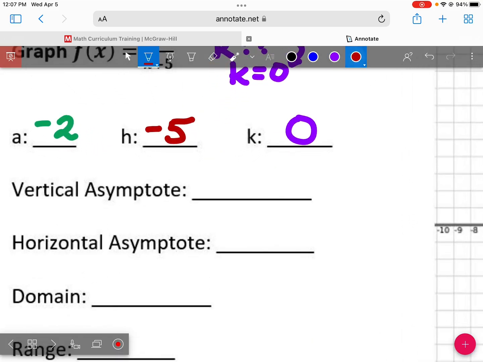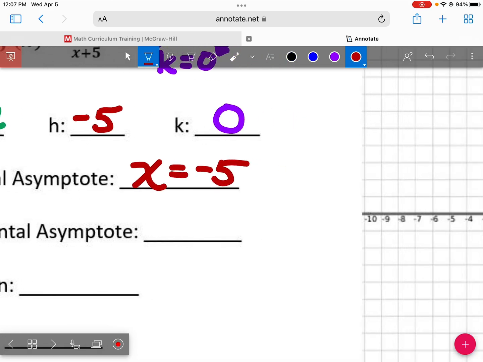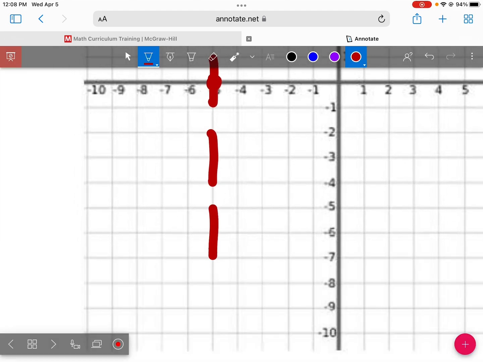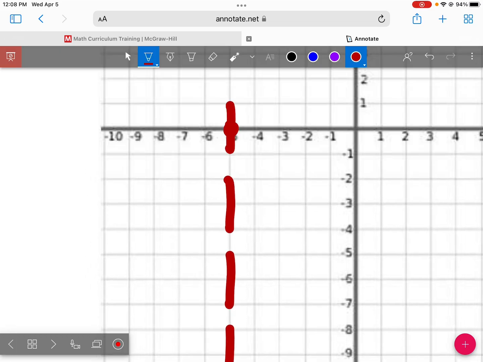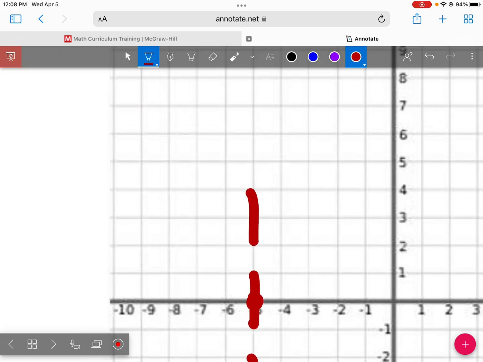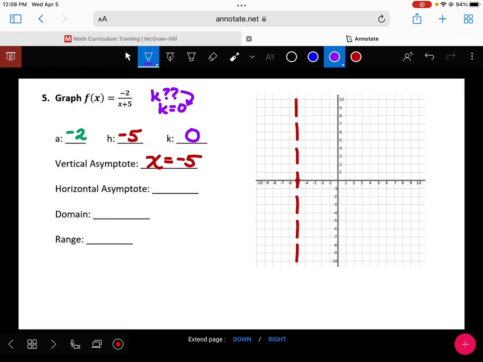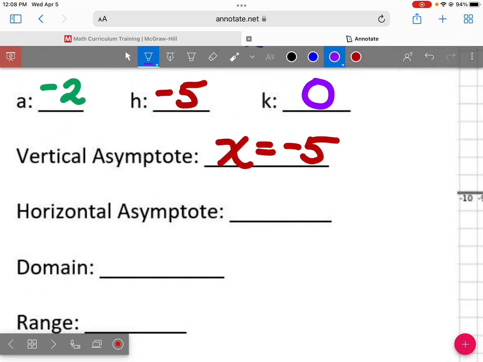What's our vertical asymptote then? X equals -5. So I go to -5 on the x-axis right here, and we do a vertical line through that point. What is the horizontal asymptote?